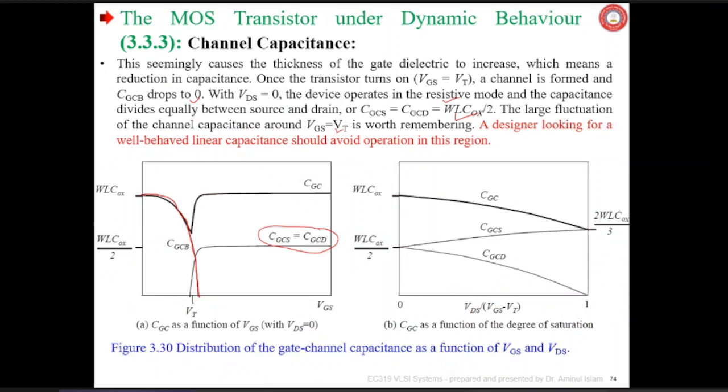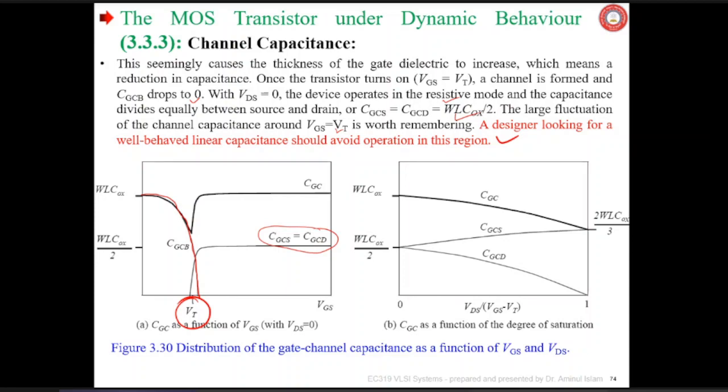The same thing is described here. What is the last sentence telling? A designer looking for a well-behaved linear capacitance should avoid operation in this region, meaning when VGS equals to VT, because around that the capacitance changes drastically.